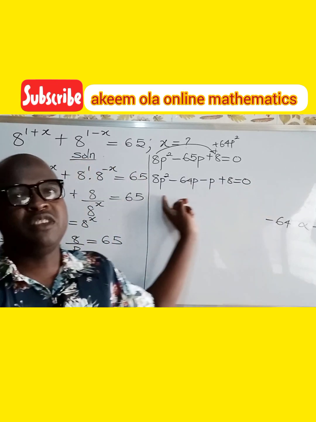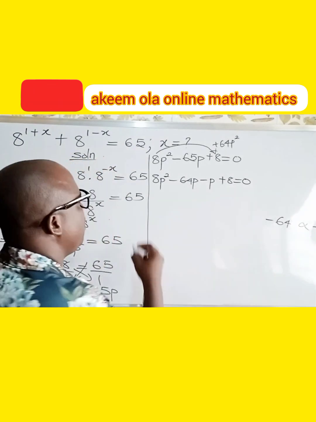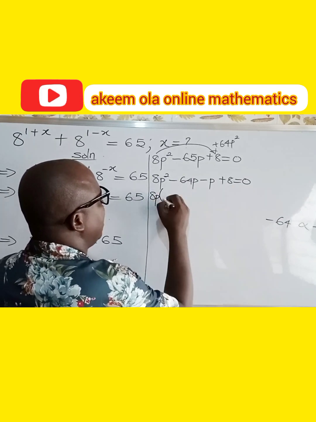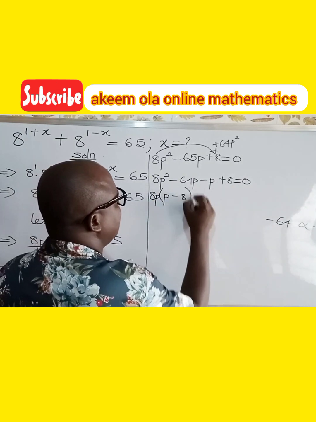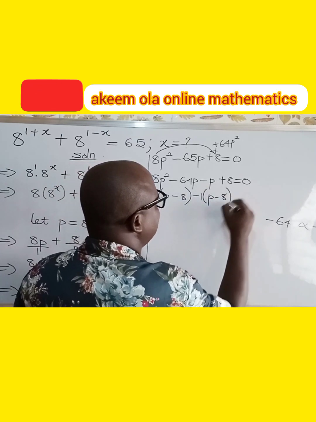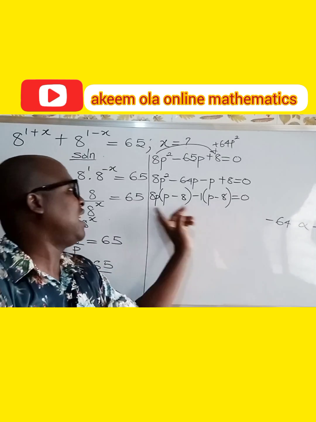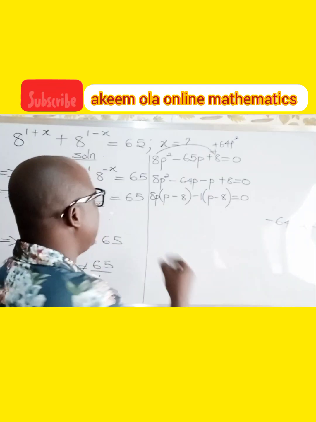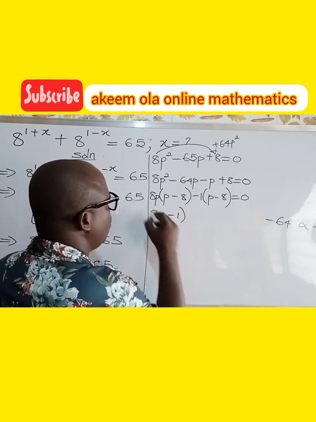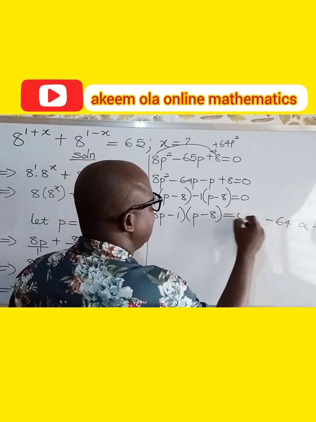I can now pair them, the first two and the last two together. 8p is common to the first pair, so I have 8p times p minus 8, minus 1 times p minus 8. Everything is equal to 0. So I can pick one of the brackets and the common factors. This gives us 8p minus 1 into brackets p minus 8 is equal to 0.